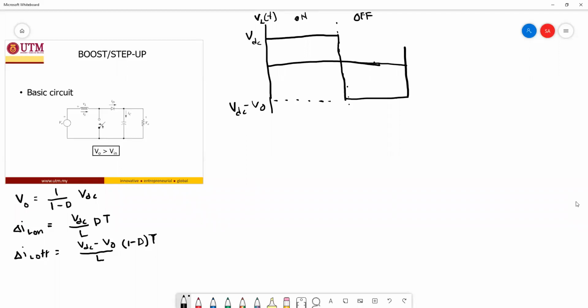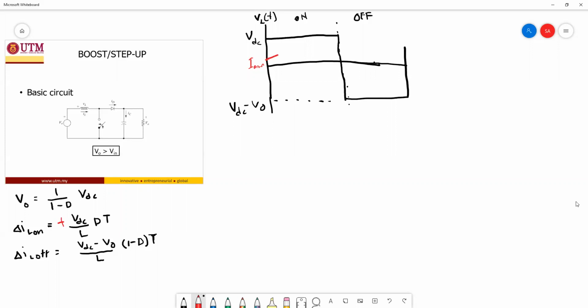So this is the voltage waveform. Then let's look at the inductor current waveform. Based on the change of IL during turn on, which is positive, it will start from a minimum current, which we call I min.